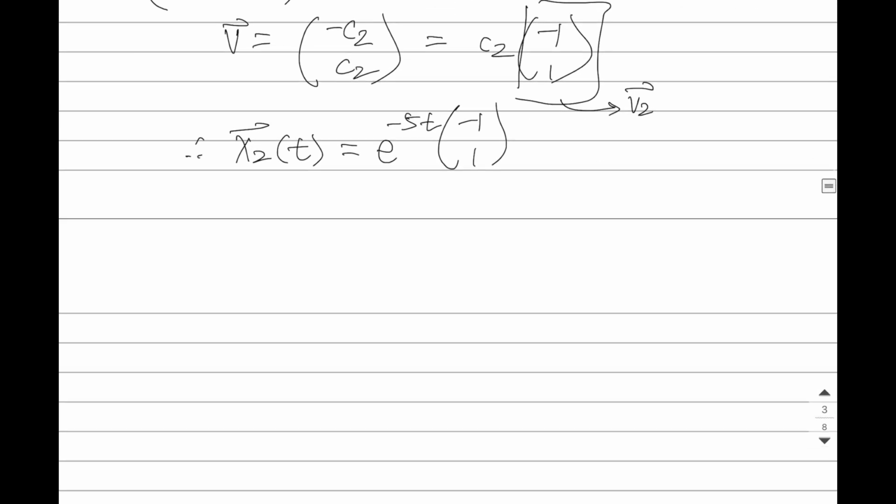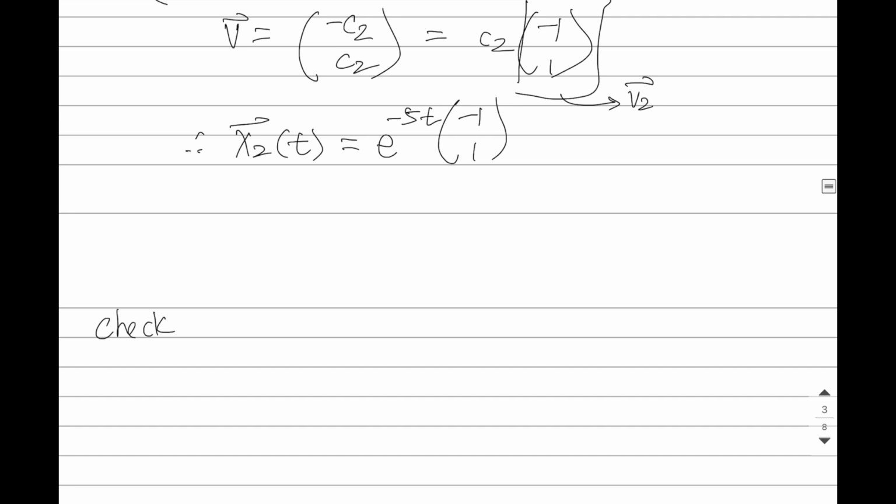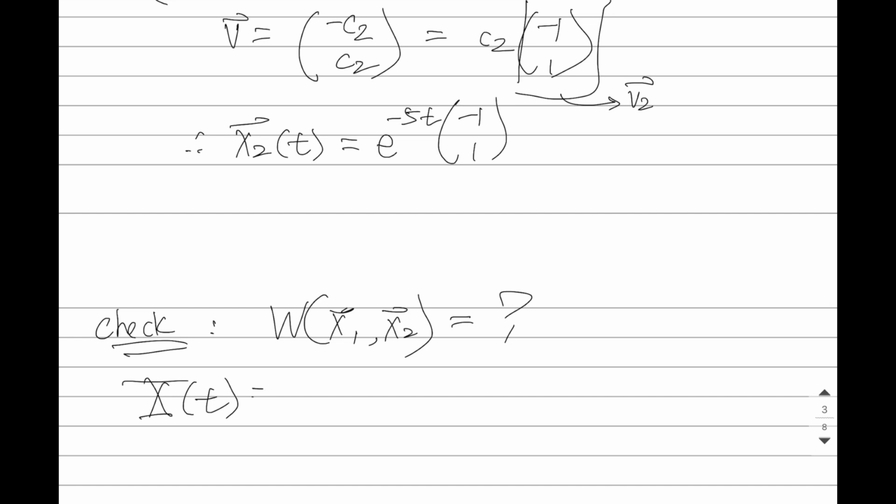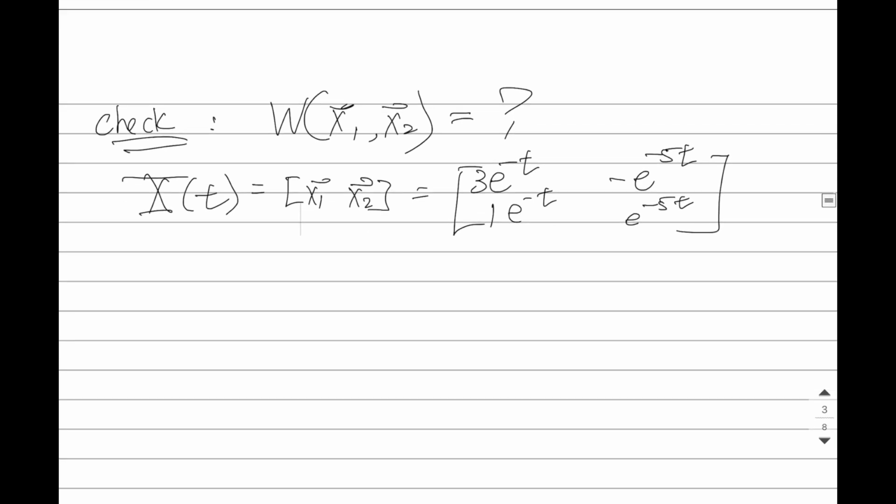Now, if you want to check that this is a fundamental set, the Wronskian of these two is easily found. We're going to form what's called the fundamental matrix, where we simply take those two solutions and plop them into a matrix. So we'll have 3 e to the negative t and 1 e to the negative t, negative e to the negative 5t, e to the negative 5t. That's our matrix.